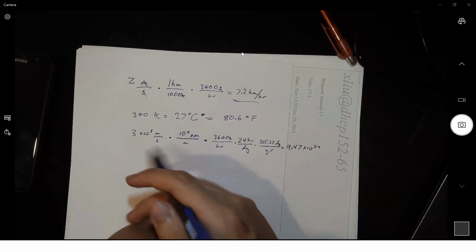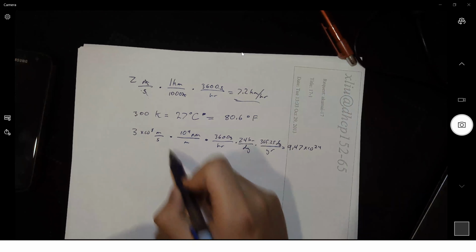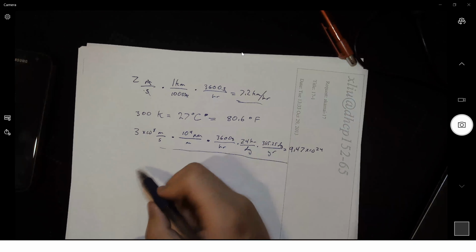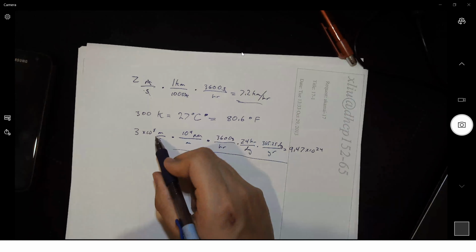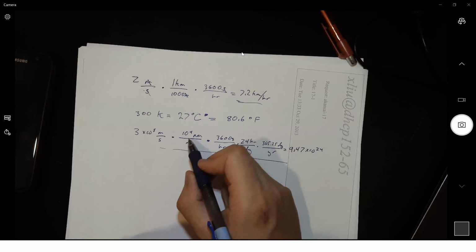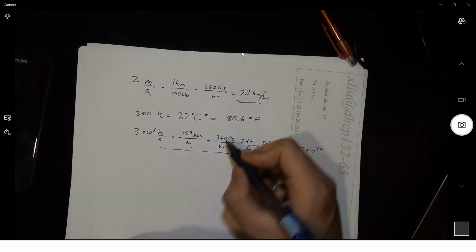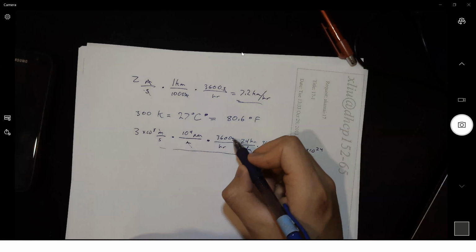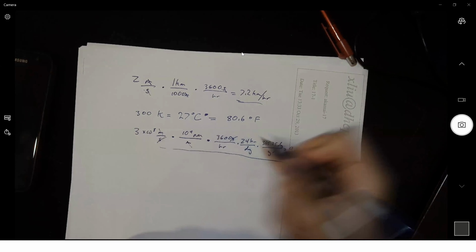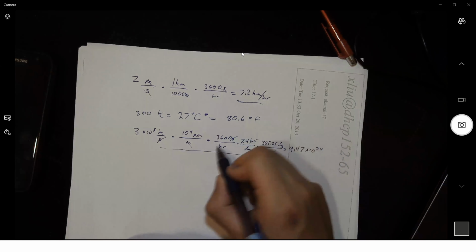And for this one, sometimes you might need to use multiple conversion factors. In this case, we do 3 times 10 to the 8 meters per second times 10 to the 9th nanometers per meter. So the meters cancel out. Now we do times 3,600 seconds per hour, so the seconds cancel out. Now 24 hours in a day, so the hours cancel out.